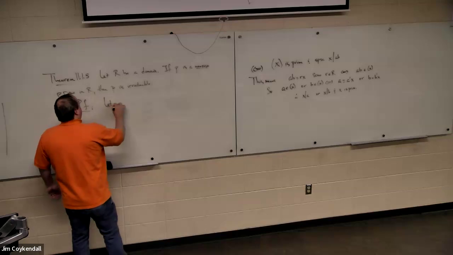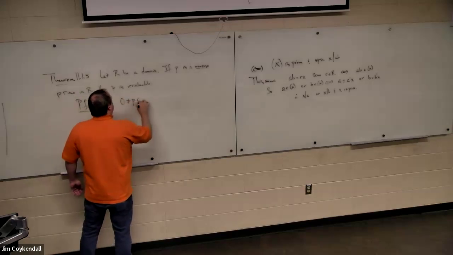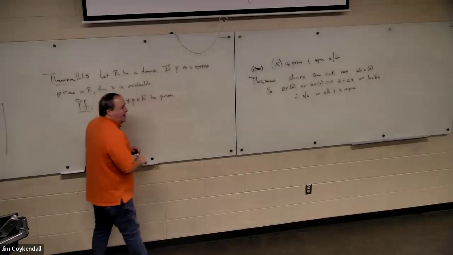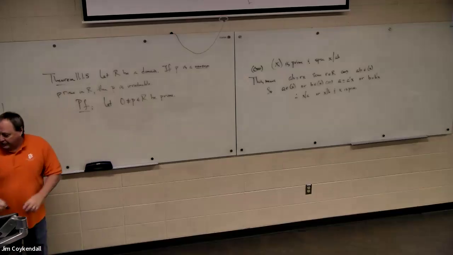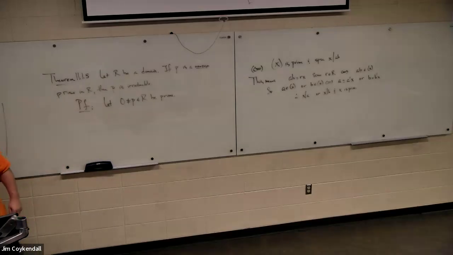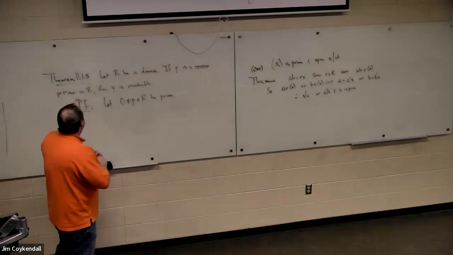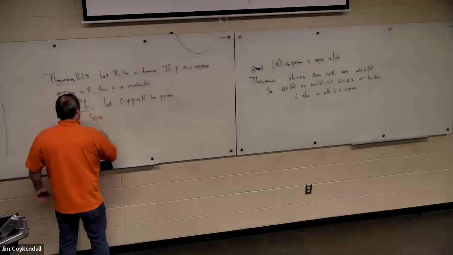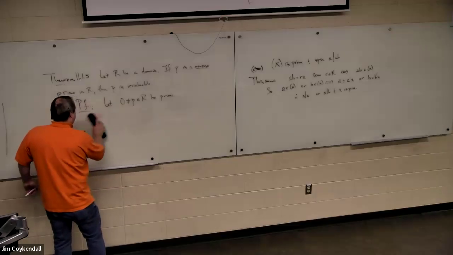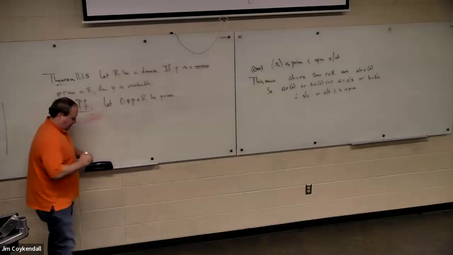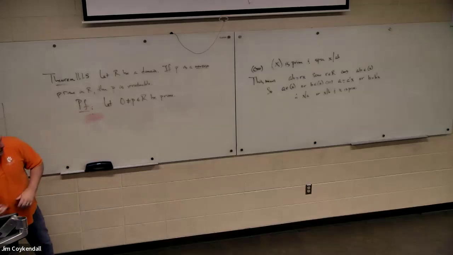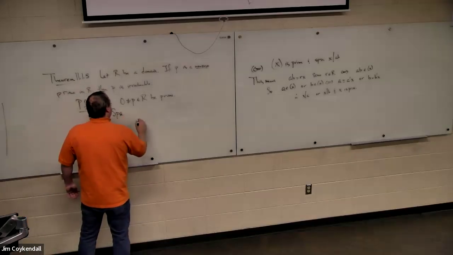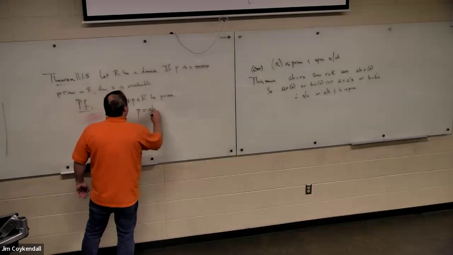Let P be a non-zero prime, and I bet we're going to see where my assumption that this animal is not zero comes up. I want to show it's irreducible. Suppose, yes, I'm going to regret this for the rest of the class, suppose P is equal to AB.